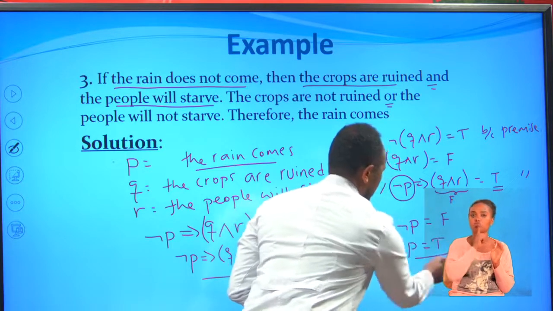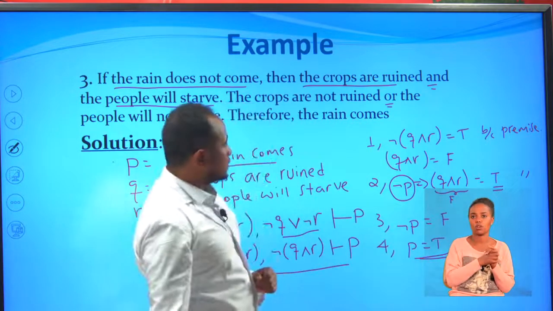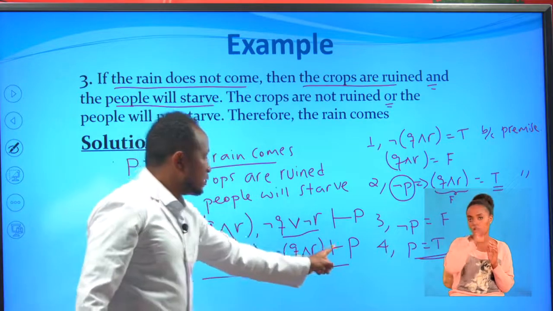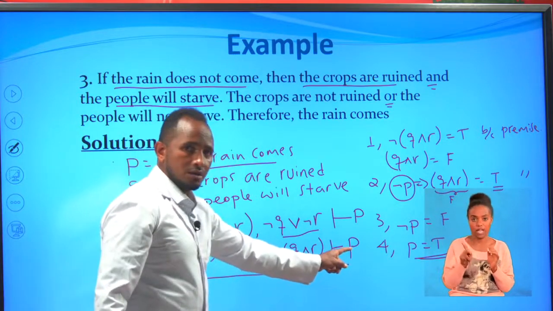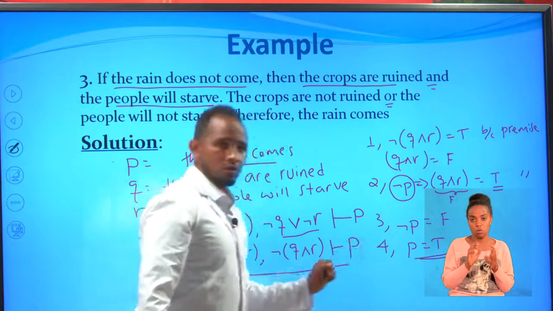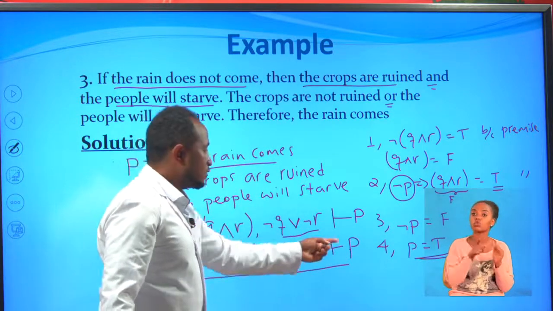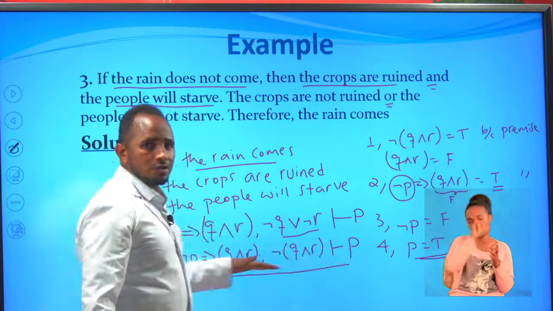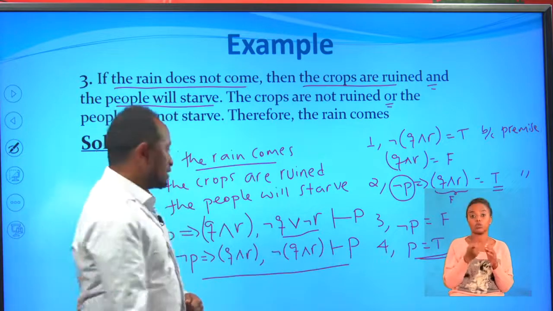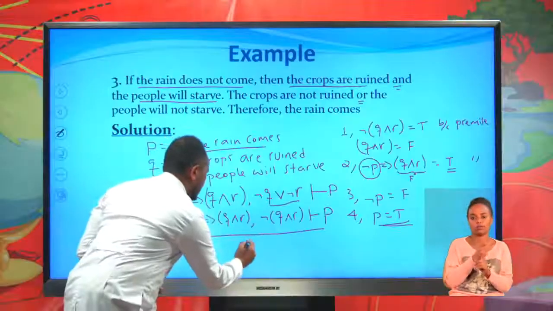So what's our conclusion? Our conclusion here is P, so the conclusion P is true. Therefore, assuming the premise true, we arrived at the conclusion to be true. Therefore, this argument is valid.